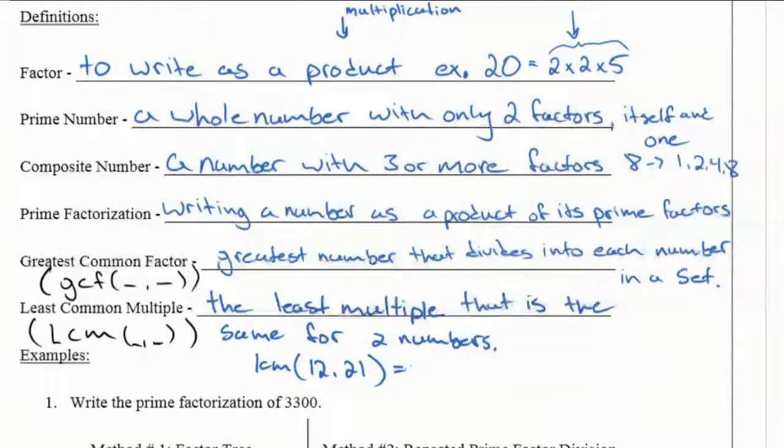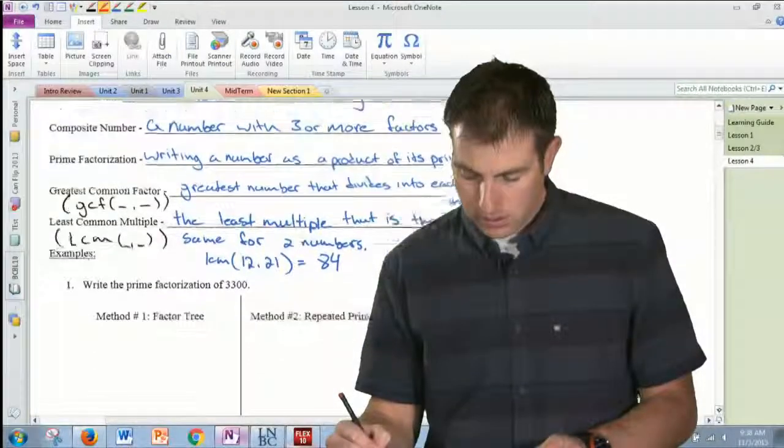So at what point do these things multiply to a common number? And the smallest number they both multiply to is going to be 84. And we'll look at how we can get that. For now, you'll just have to take my word for it. You can kind of see where I'm going with it. We'll look at a couple examples.